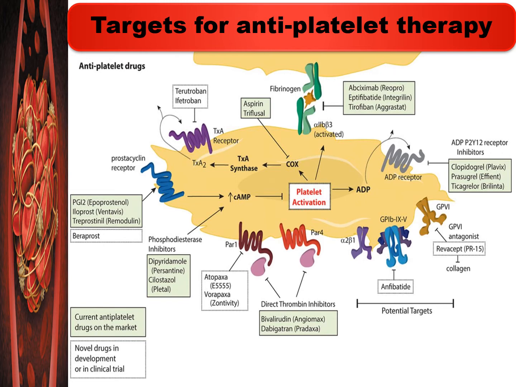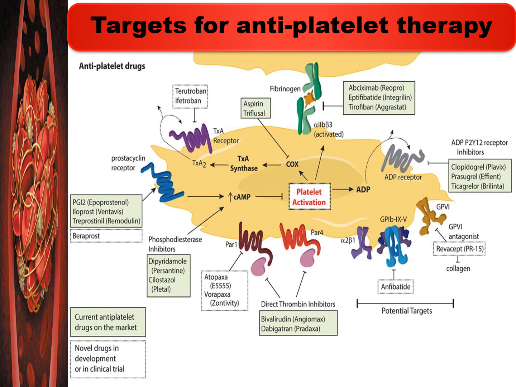Further, this platelet activation is inhibited by the increase in cAMP. This increase in cAMP takes place due to the action of epoprostenol on the prostacyclin receptor, which inhibits the platelet activation.